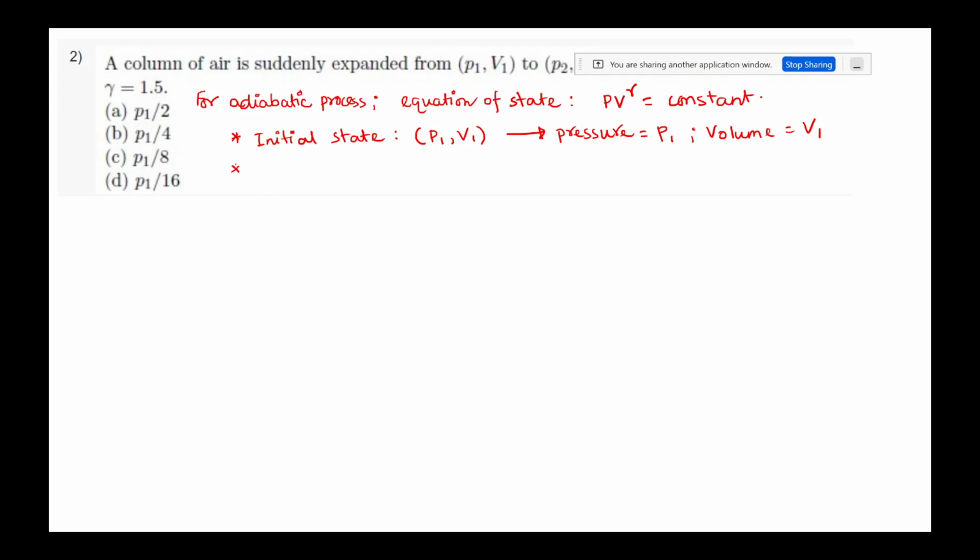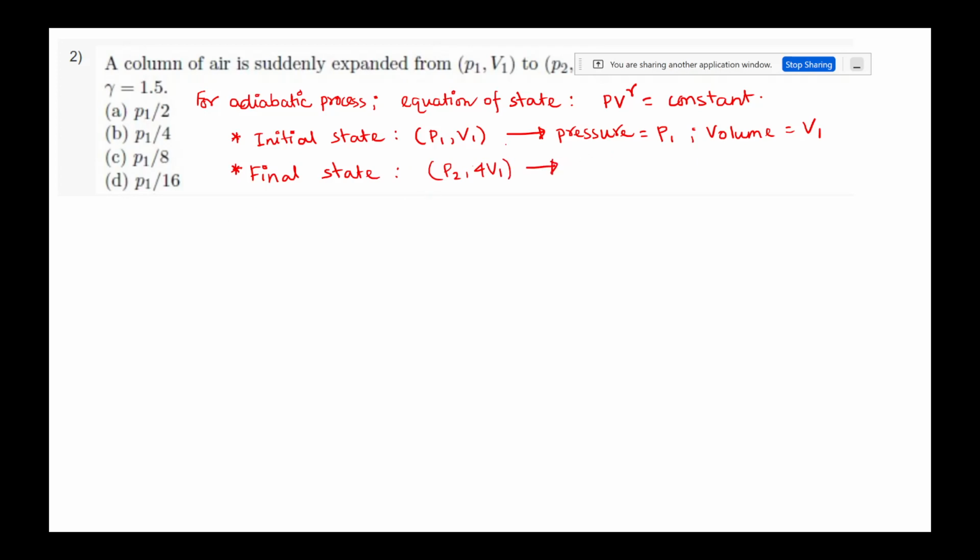What is the final state? P2 and V2, but V2 is 4 V1.